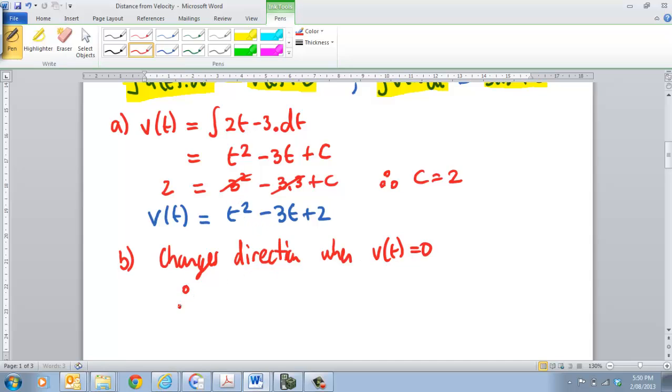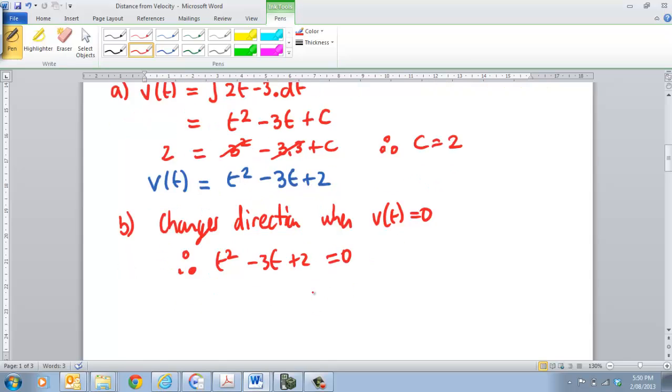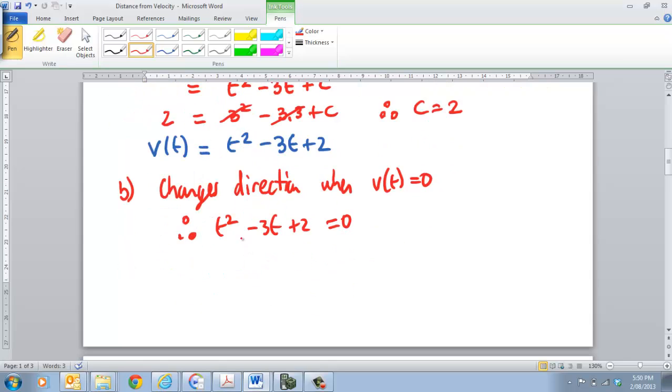Therefore, I can say that t squared take 3t plus 2 is equal to 0. Now, if you can't factorise that really easily, you could use your polysynth, but I think this one's pretty obvious. So it's got to be t squared, can only be 2 and 1, and because it's negative, they both have to be negative there. That's equal to 0, so therefore, t is equal to 1 or 2.